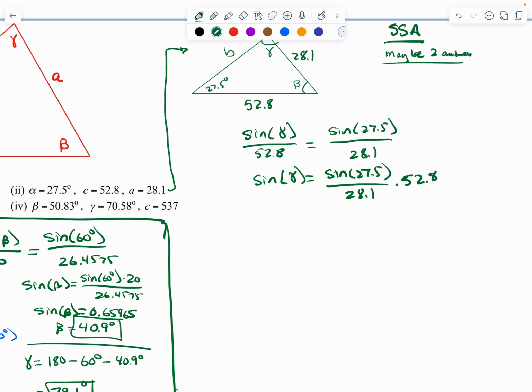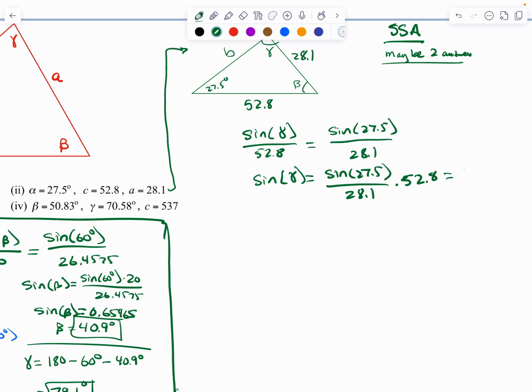Let's go ahead and compute. So let's see, clear. Okay, so we have the sine of 27.5, close parentheses, times 52.8 divided by 28.1.